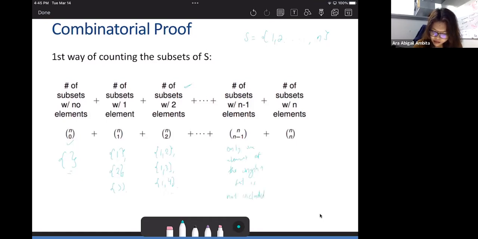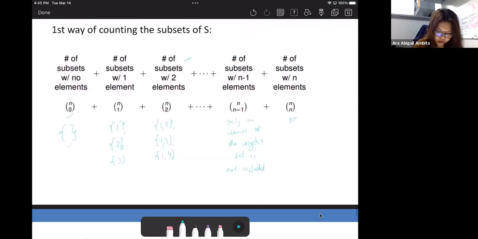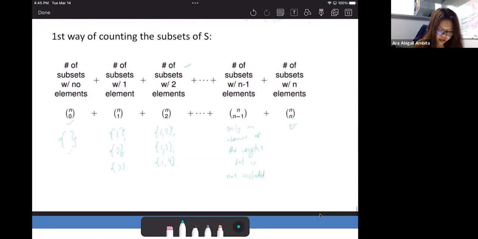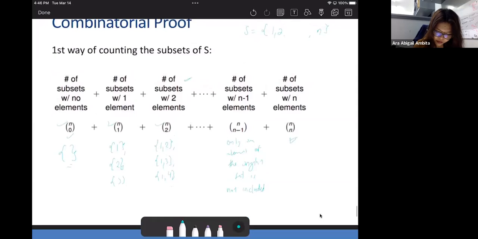And the number of subsets with n elements is n taken n. So we want to count the total number of subsets that we have. The number of subsets with no elements is n taken 0, with one element is n taken 1, with two elements is n taken 2, and so on.